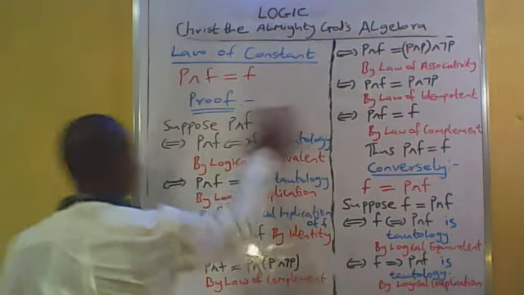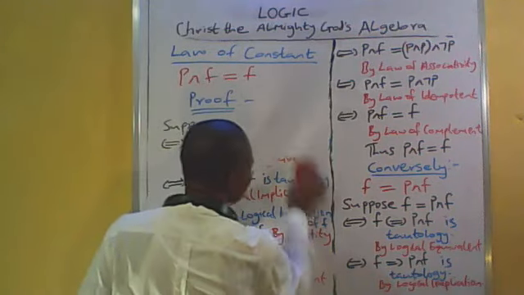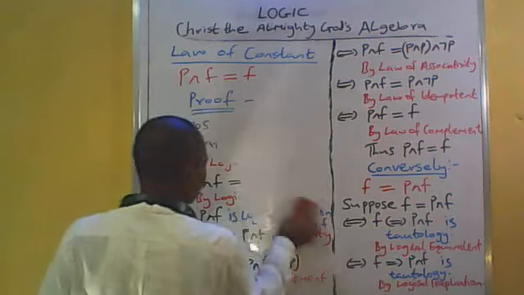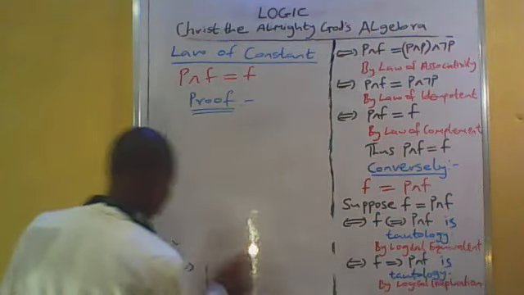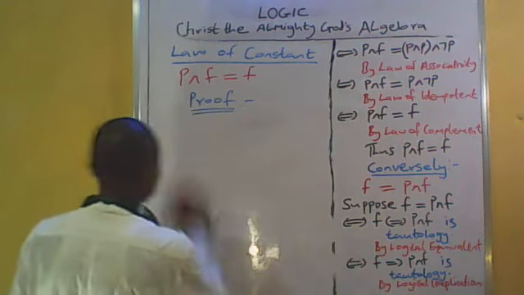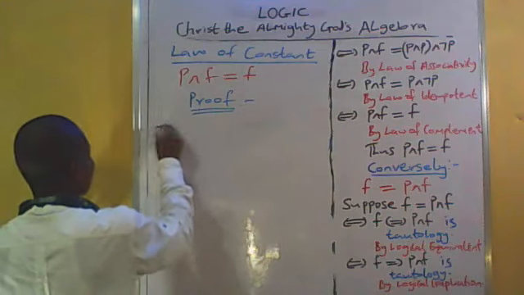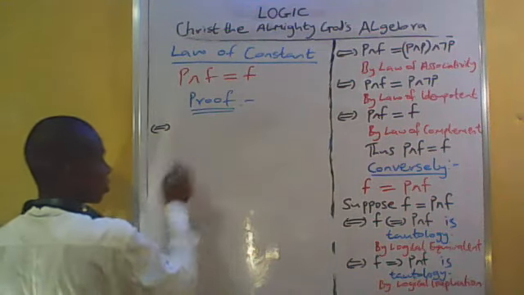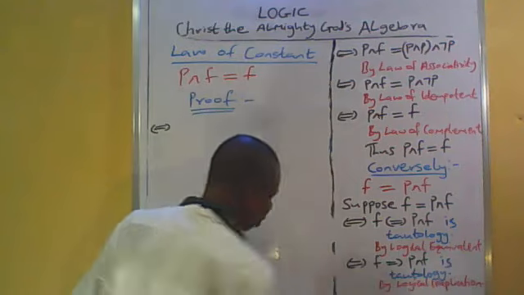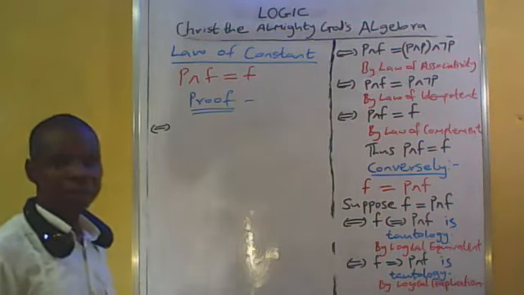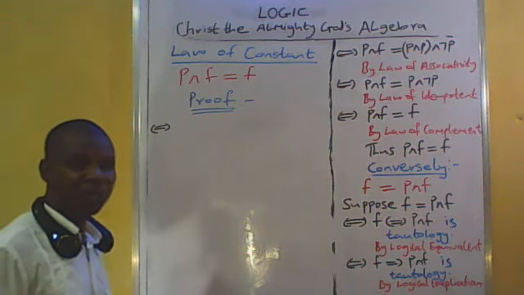According to this side, if and only if. Now, since this f implies p and f is a tautology, we then deduce that it is certain that f exists.